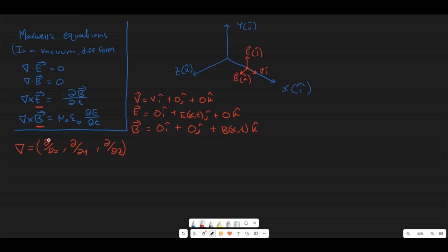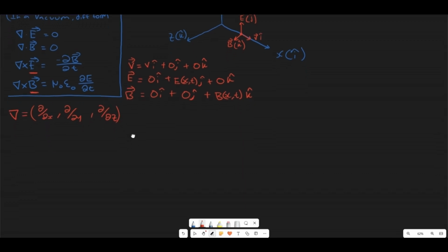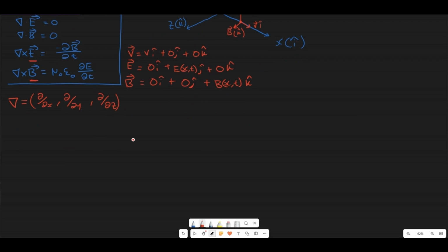So let's go ahead and start with this first one here, which is nabla cross E, or the curl. So nabla cross E is just the cross product of this nabla operator here and this electric field here. So let's go ahead and do that.